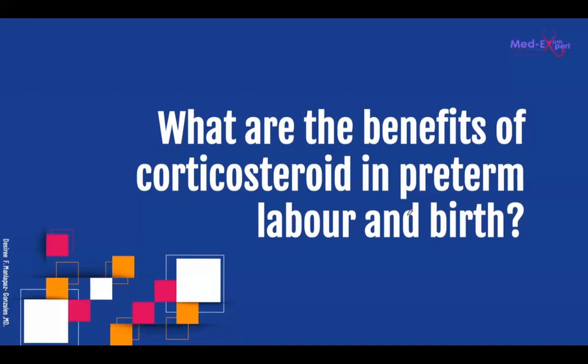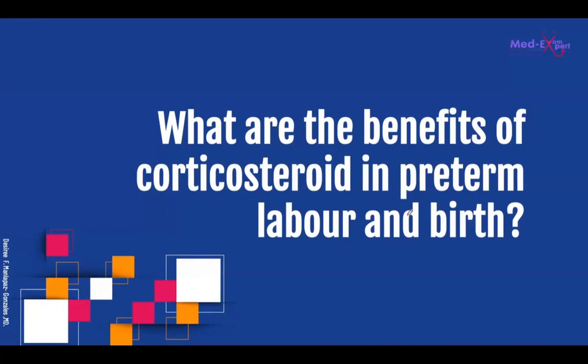Lung maturation. Okay, for lung maturation. Why do you need the lung to be matured? To prevent respiratory distress syndrome. Very good, because surfactants are not produced properly until after 36 weeks.